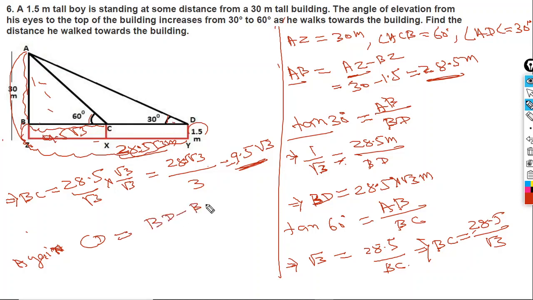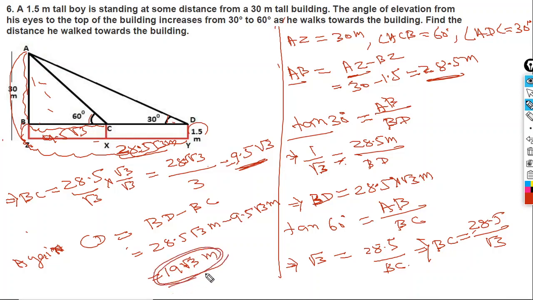BD minus BC, which is equal to the length of BD that we just found, 28.5 root 3 meter, minus the length of BC, 9.5 root 3 meter. After subtraction, it will be 19 root 3 meter. Yes, so it will be 19 root 3 meter.